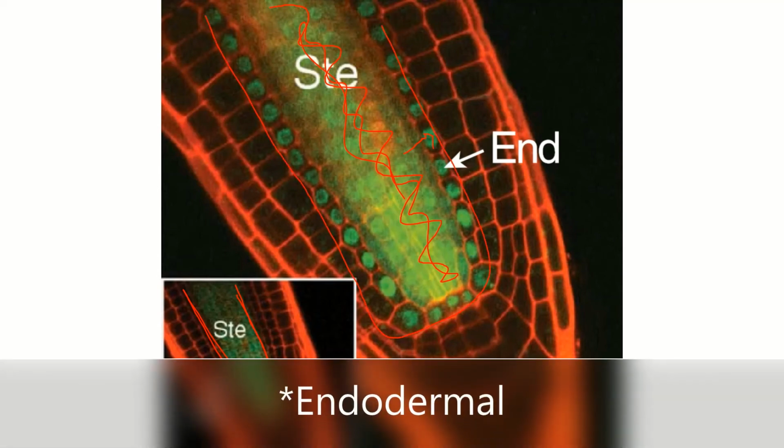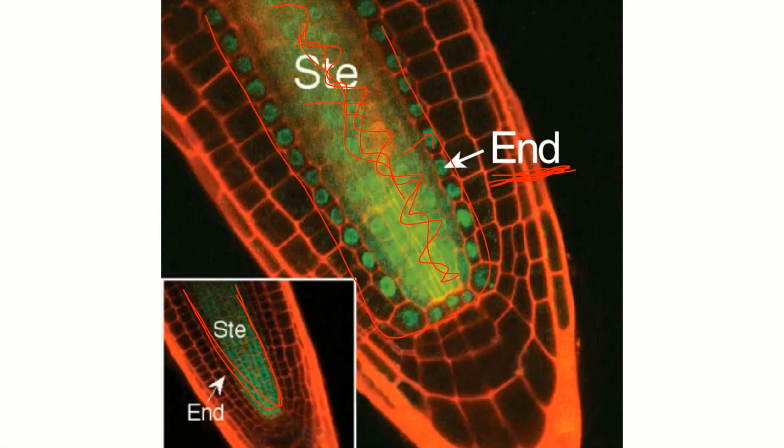So how is that possible? There must be a passageway between the stele and the endodermal cells. And that passageway will be the plasmodesmata, okay, the gap junction.